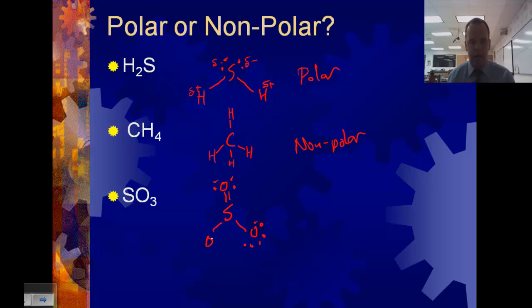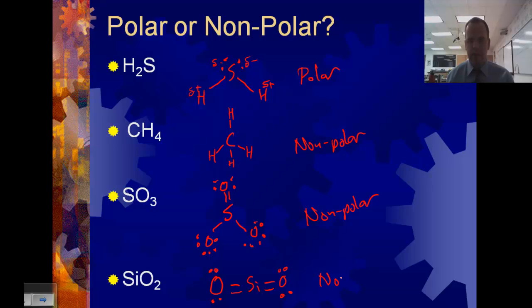It ends up being trigonal planar. So these are all in the same plane. Oxygen would get the negative, sulfur would get the positive. This is non-polar. And SiO2, this is the same structure as CO2, Si and C being in the same family. This would also be non-polar.